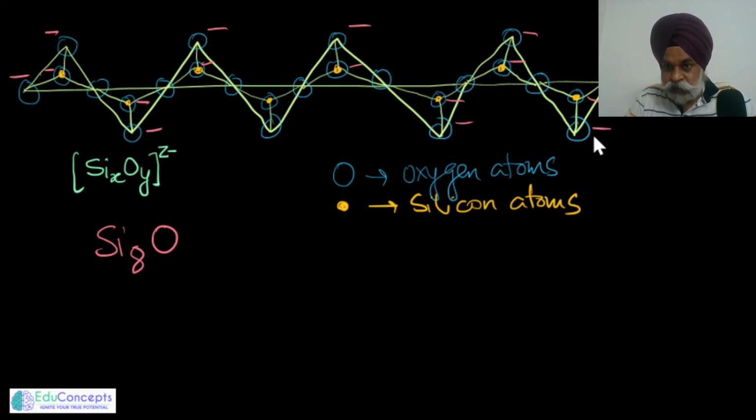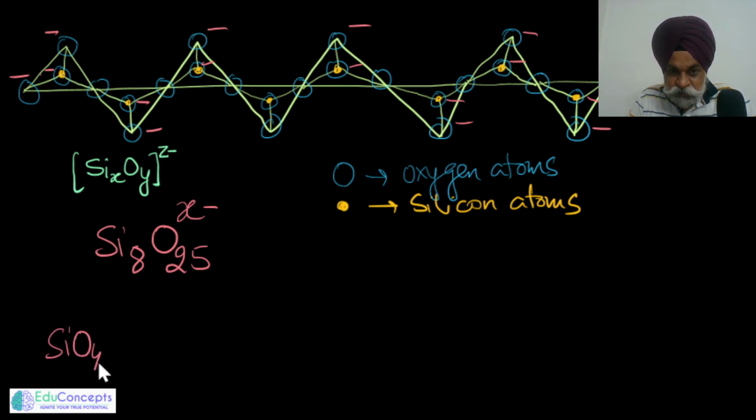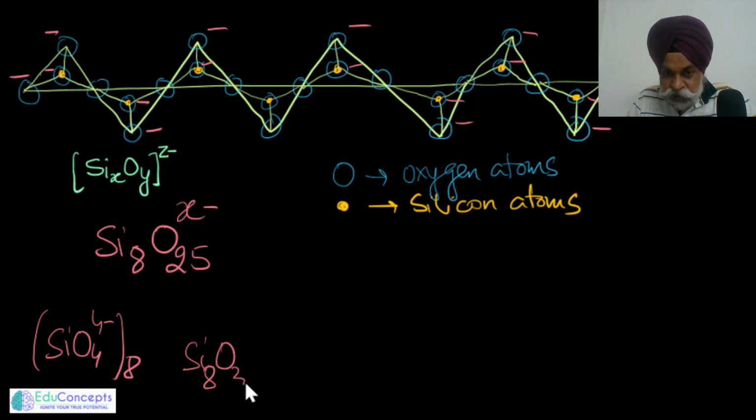So now let us see. 3, 6, 9, 12, 15, 18, 21, 24, 25. So this is 25. And now if I would ask you what is the value of X, you can do it simply like this. SiO4 4 negative. If another question is asked in this fashion, so it would be Si8 O32 with minus 32.